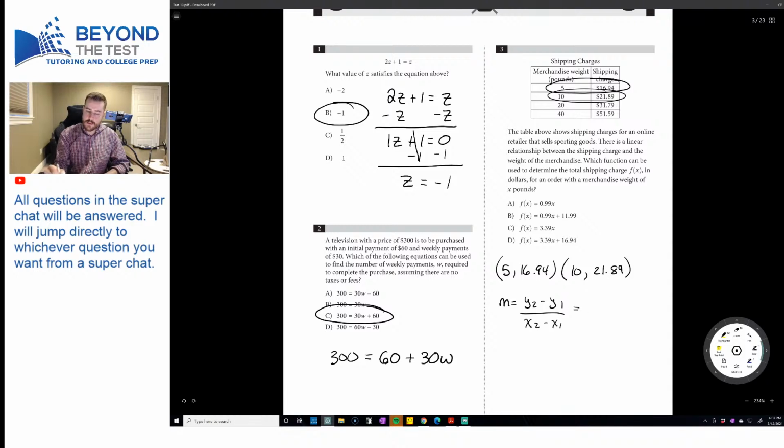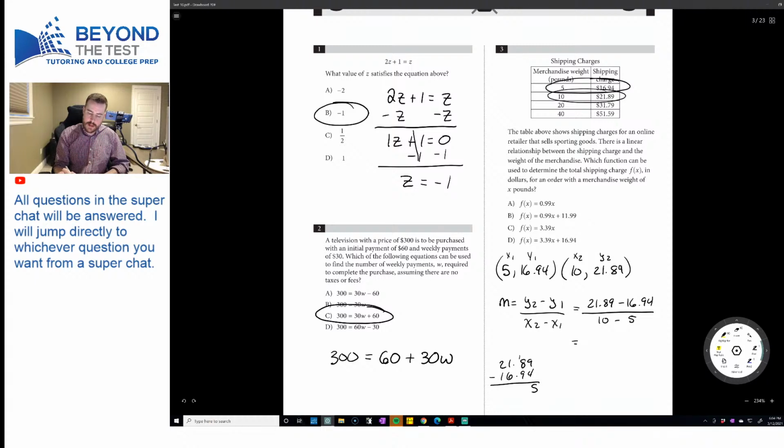So I'm going to go ahead and substitute this in. This is like x1 and y1, and then we have our x2 and y2 value. So we have 21.89 minus 16.94 over 10 minus 5. If I do that out here, we have 21.89 and we're subtracting off 16.94.